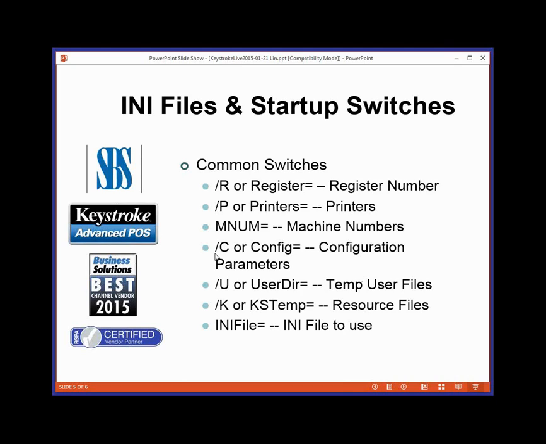A configuration switch, which is a /C or config equal. The U and K switches for temporary user files and resource files, or user dir and kstemp, or sometimes just the INI file switch. Now with all of these, there's going to be a file name after them. So let's take a look in Keystroke.